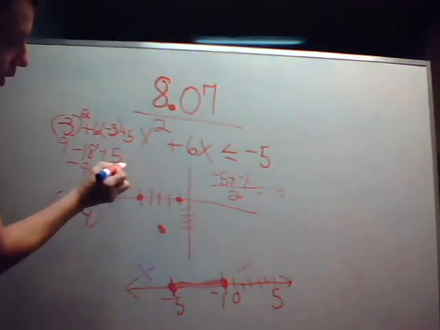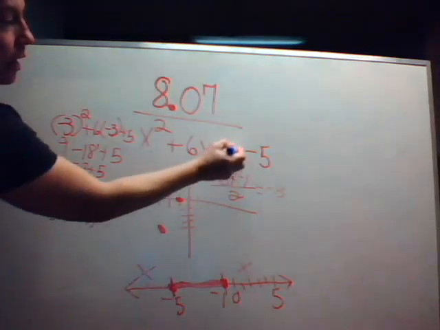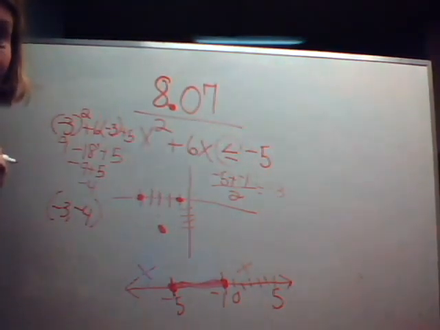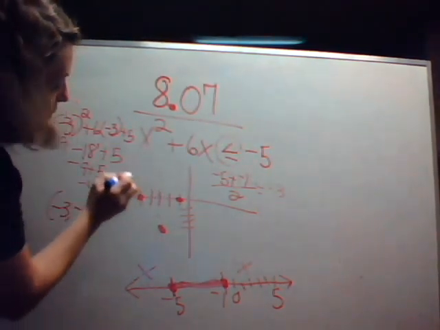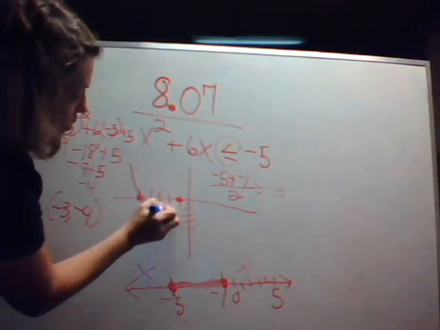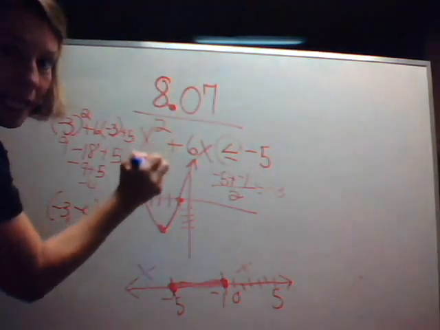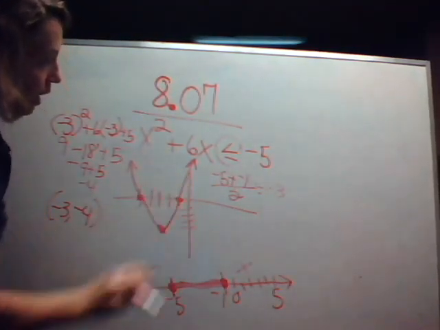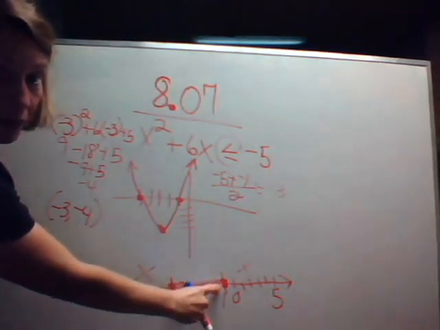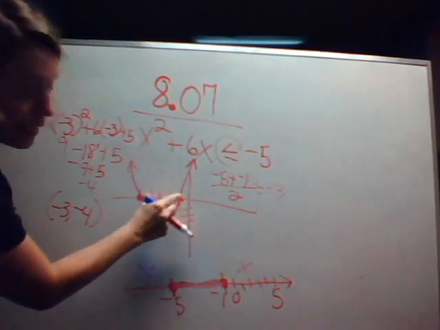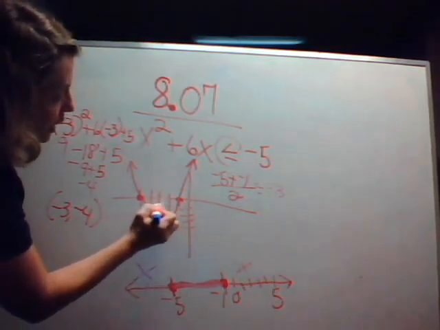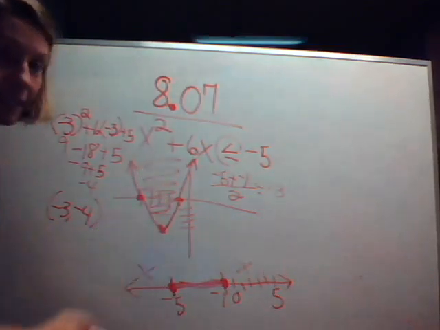And here is my line, my parabola. Now, I'm going to draw it as a solid line, right? Because it's equal to. If it was just less than or greater than, it would be dashed. But this one's a solid line. I just discovered it's everything between that. That means my shaded region is in the center.